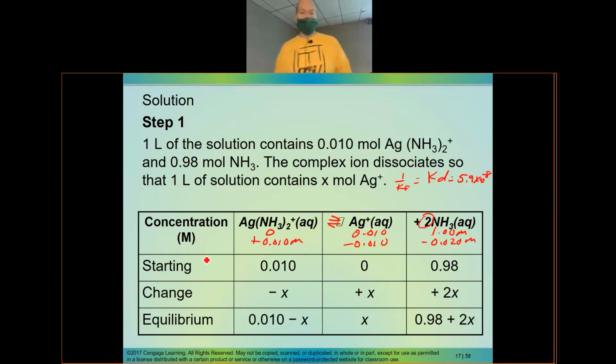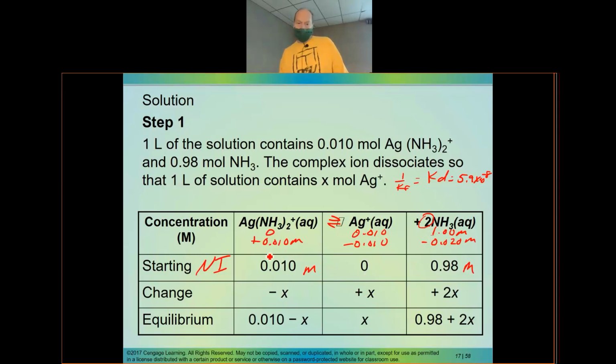And so now you have your new initial of your 0.010 molar of your complex ion, 0 for your Ag+, and 0.98 molar for your NH3. Again, at equilibrium, you cannot have a 0. And so the reaction has to go to form something here, so it's going to the right.